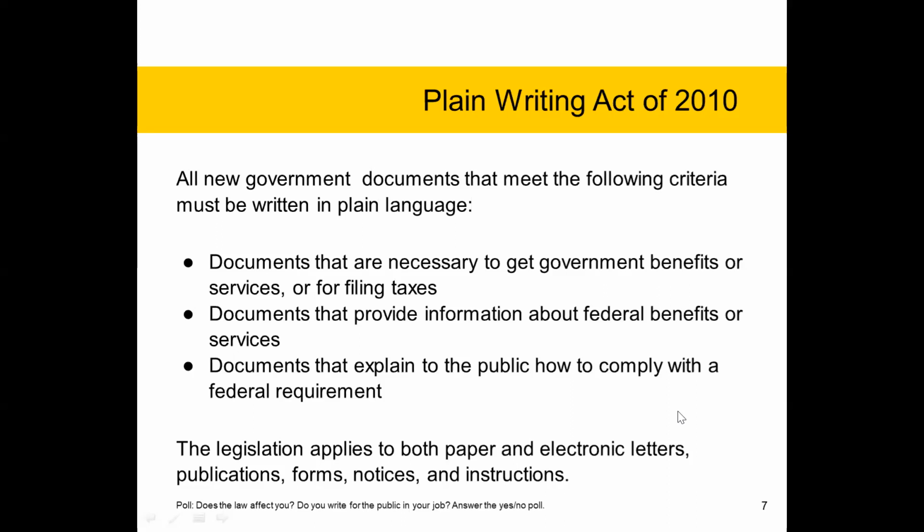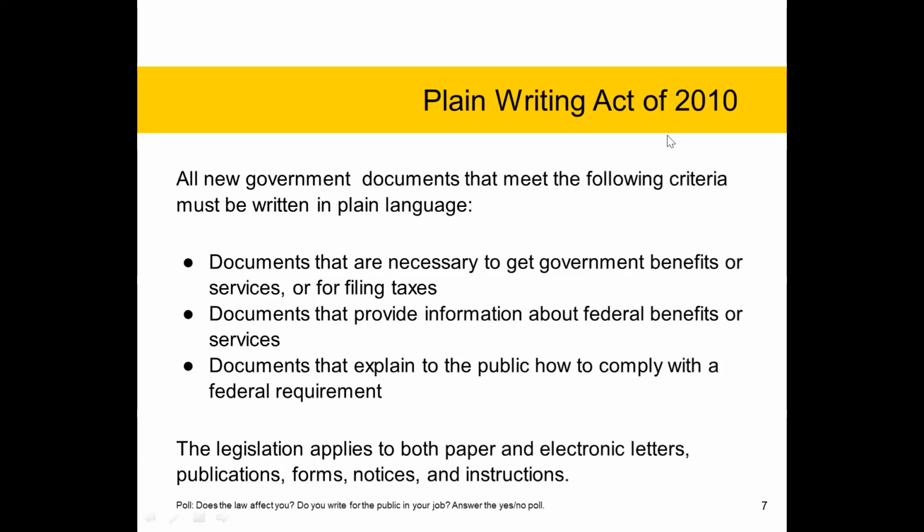Documents that provide information about federal benefits or services. So there's the information, the education part, and then there's actually getting it. One is likely to have a form, and that is a whole different issue, but it's a difficulty. Also, documents that explain to the public how to comply with a federal requirement. So it's these three things.